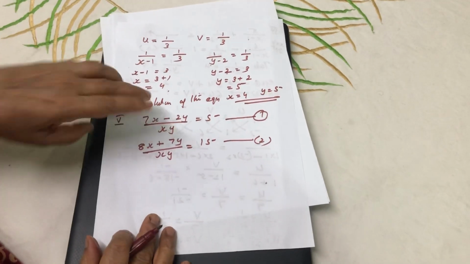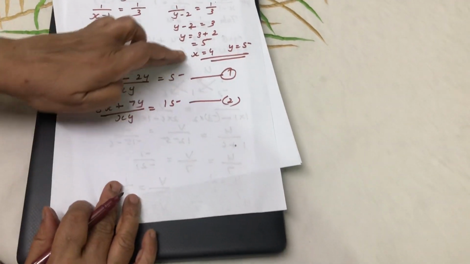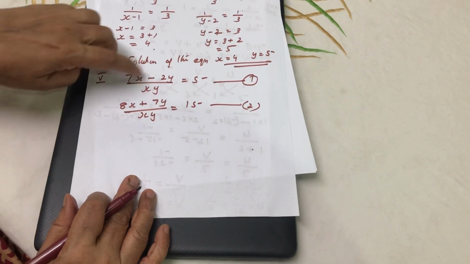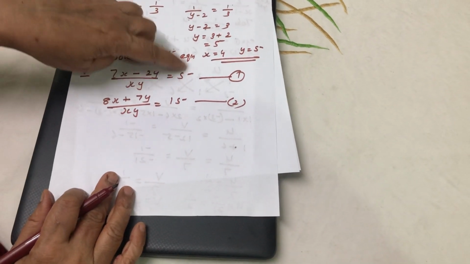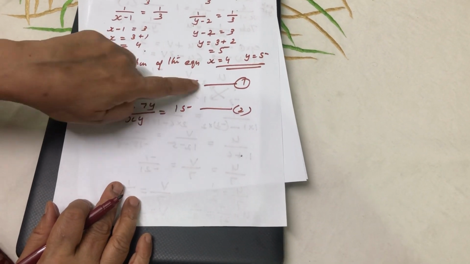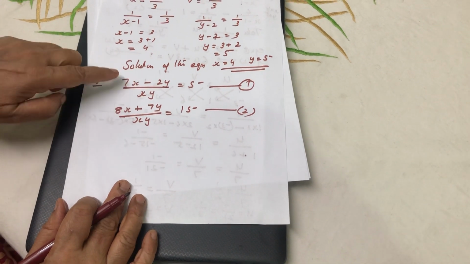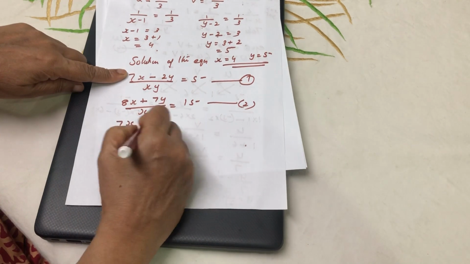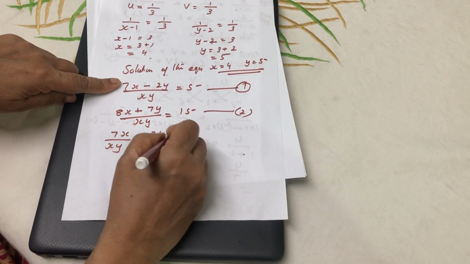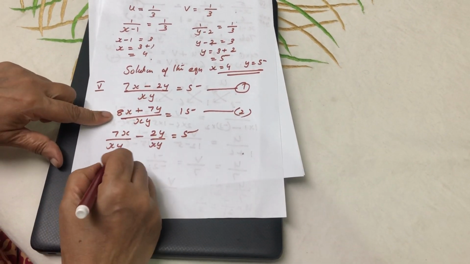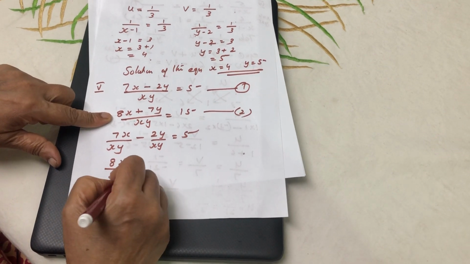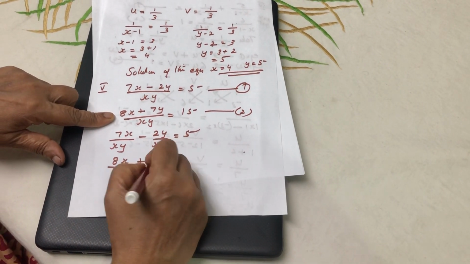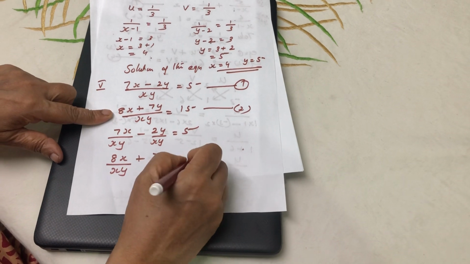Here you can do one thing: you can cross multiply, then 7x minus 2y is equal to 5xy, and then divide throughout by xy, or you can do each term separately. 7x by xy minus 2y by xy equal to 5, and 8x by xy plus 7y by xy is equal to 15.